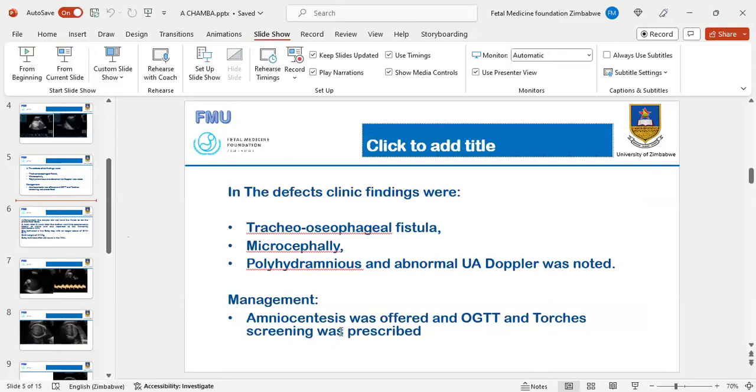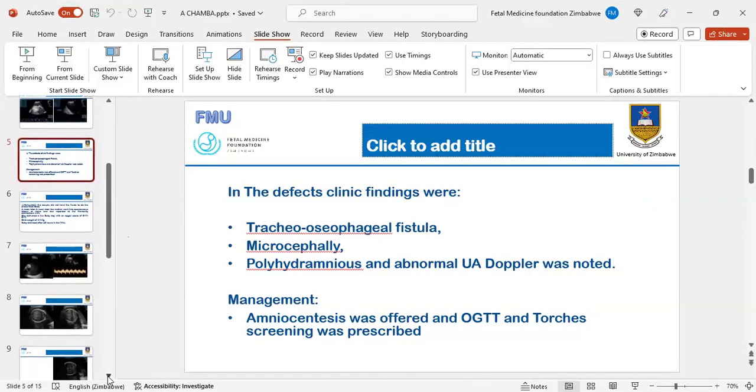The mother was supposed to have amniocentesis, an OGTT and a TORCH screen as well. Some counseling was also offered, and the findings were explained to the couple.